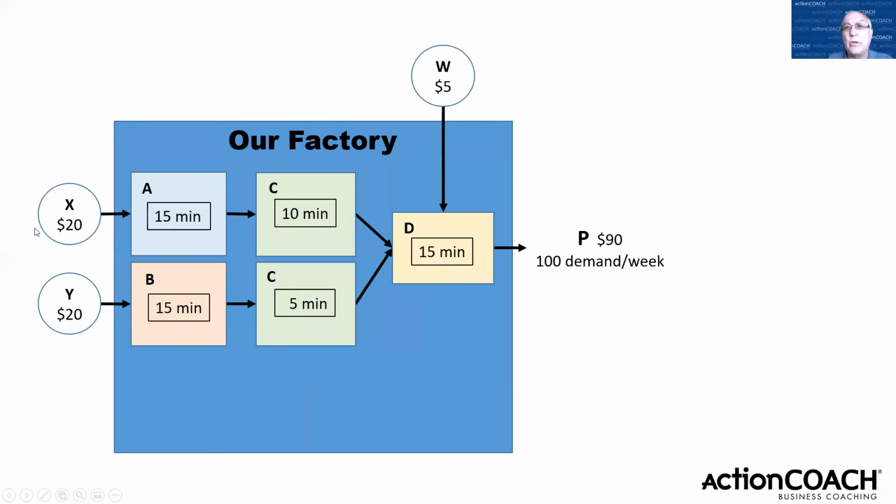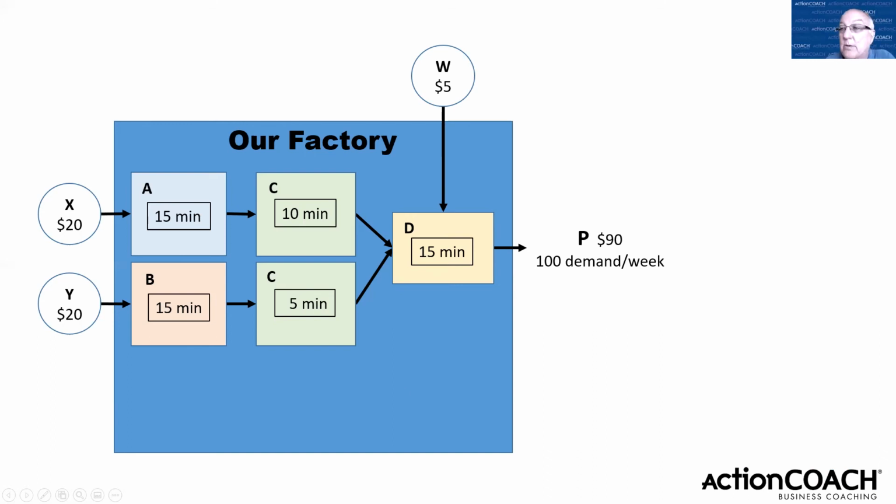We buy 1 unit of X for $20 and process it through processing station A for 15 minutes. It then gets passed to C for 10 minutes, where it waits until the unit of material Y, which also costs $20, is processed at B for 15 minutes, then C for 5 minutes, and finally, those two components arrive at D and are assembled with part W, and a P pops out of your factory.